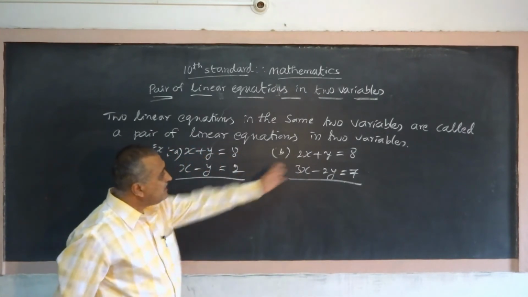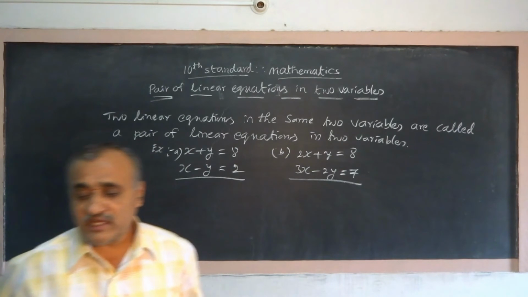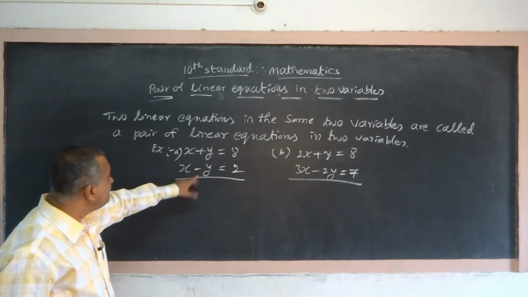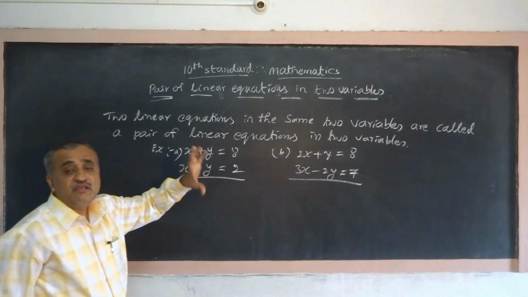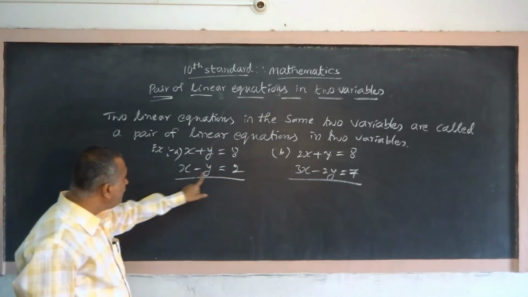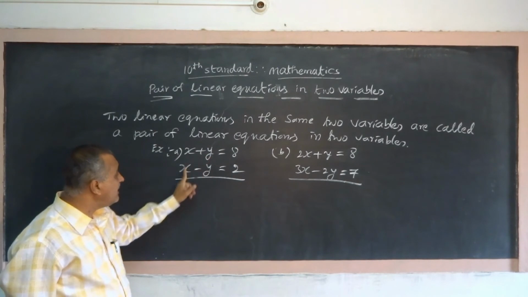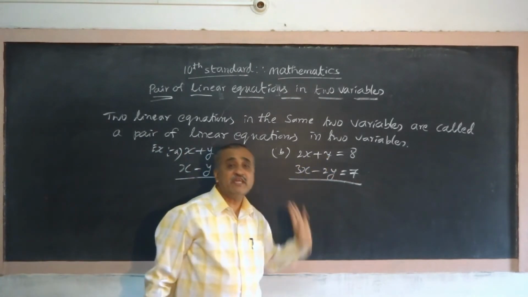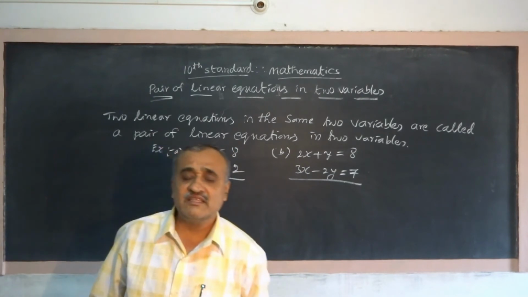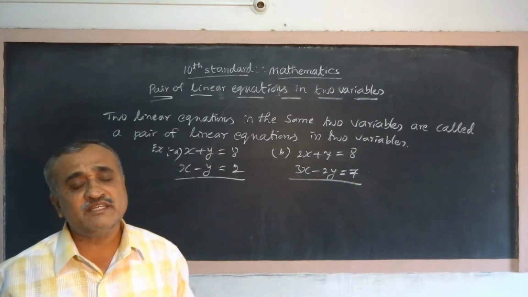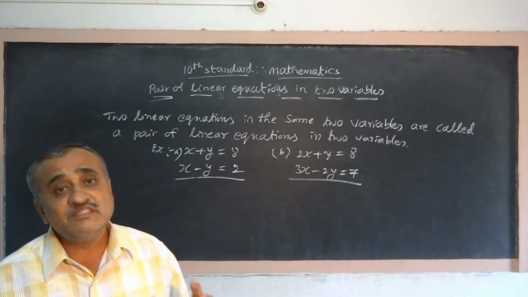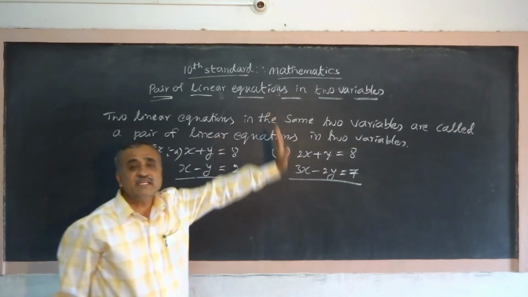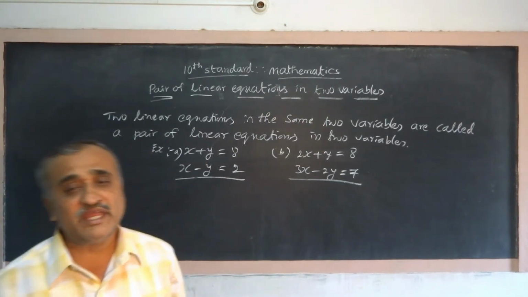We write two linear equations having the same variables. If x and y are here, x and y must be here too. If we take such two linear equations and solve them, we call it a pair of linear equations in two variables.